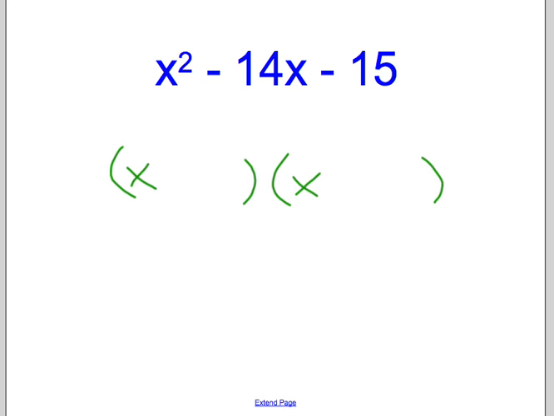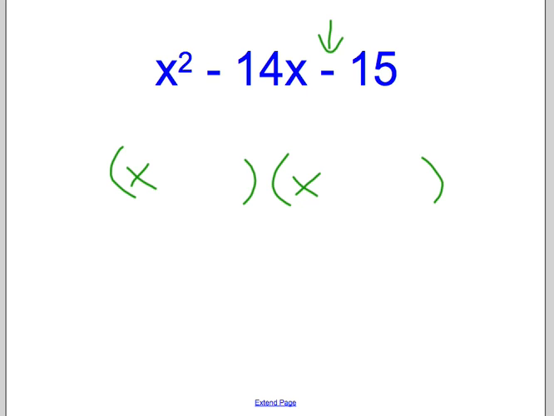Now here's where the little quirks and the little rules kind of come into play. Set that up that way each time before you ever try to figure out what to do next. In order to determine what the signs are in our binomials, you look at the second sign in the trinomial.